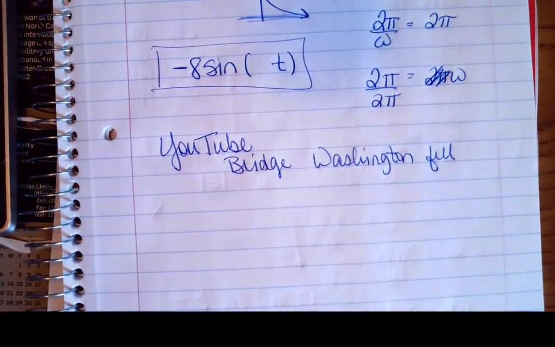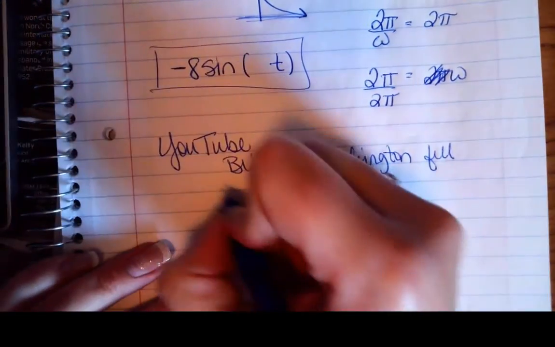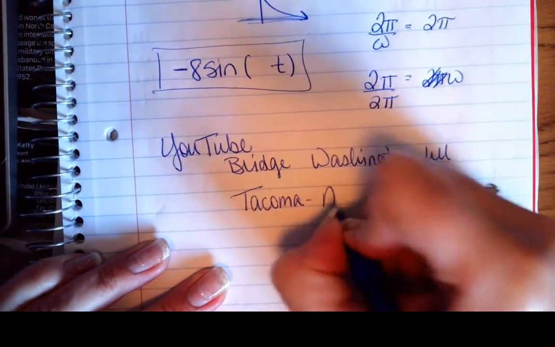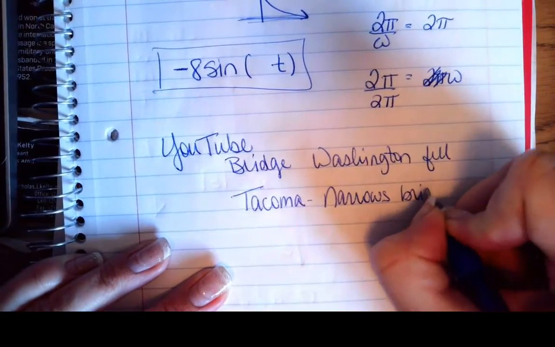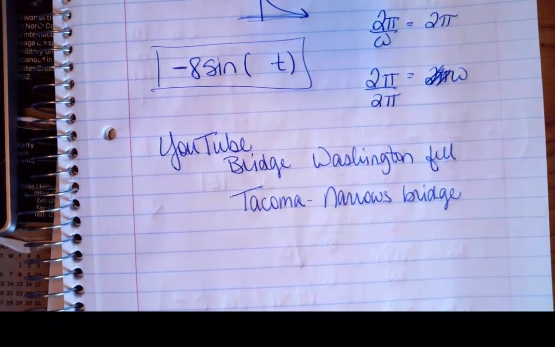Okay, it's a black and white video. It's about 1 minute and 14 seconds long. And I think it's called the Tacoma Narrows Bridge, if I remember right. And you will find out why this type of motion is important.